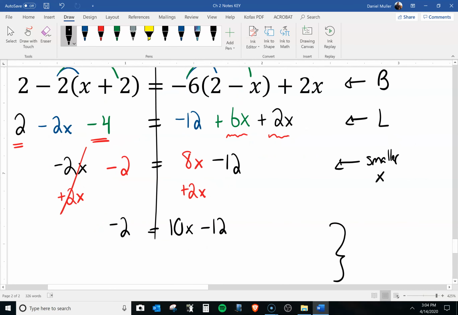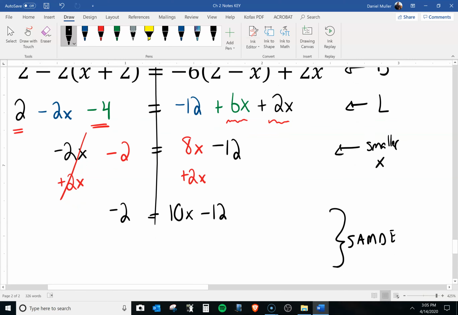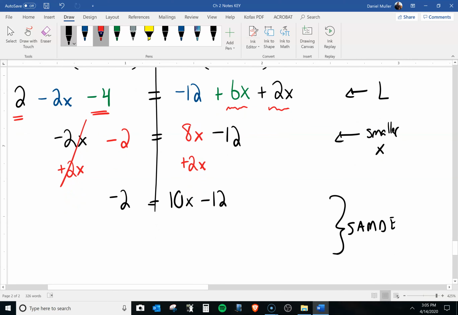And then from here on in, I will do backwards BEDMAS. B-E-D-M-A-S. I'm not going to write the B. I'm going to get rid of any add or subtract first, and then multiply or divide, and then lastly exponents.